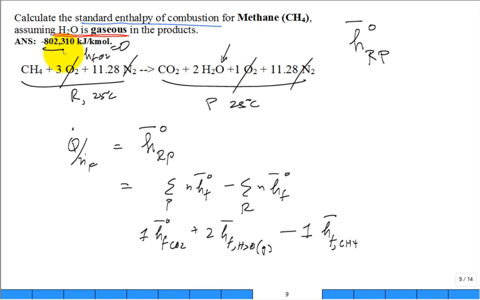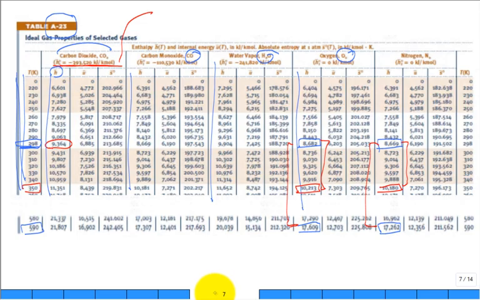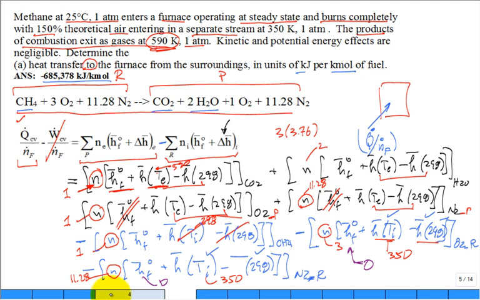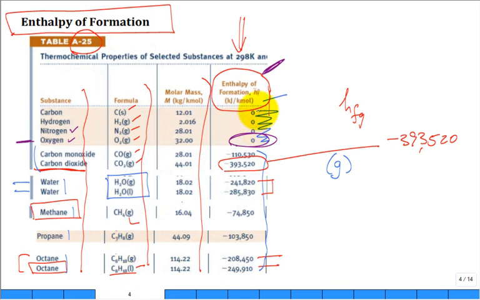Yes? Sorry, sir. Could you repeat one more time why the oxygen goes to zero? Oh, the enthalpy of formation of the oxygen. Yeah, why? They picked stable elements. Let me see if I can find that. Well, first of all, it's in the table right here. So the carbon, the hydrogen gas, the nitrogen gas, and the oxygen gas, in these forms, all have zero enthalpies of formation.